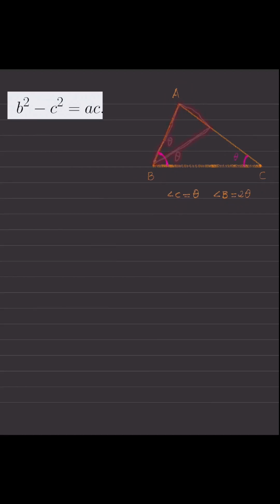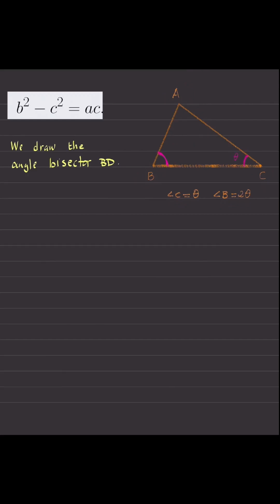So now let us do this. We draw the angle bisector BD, for example. I will change my color.